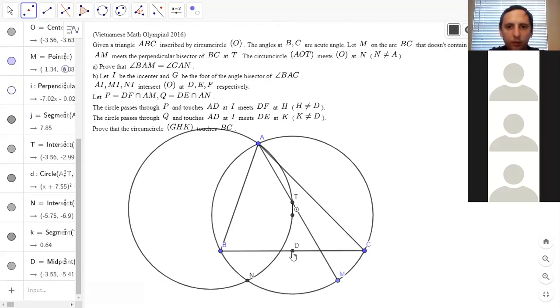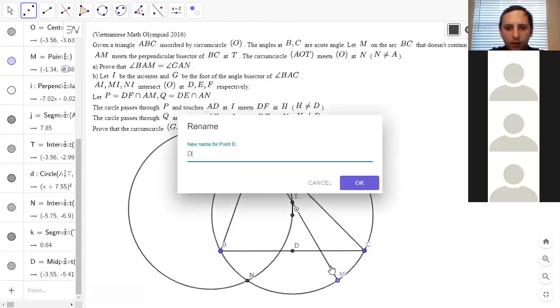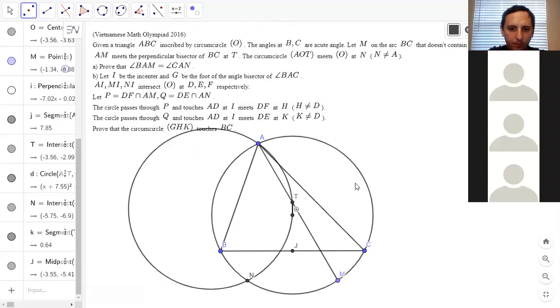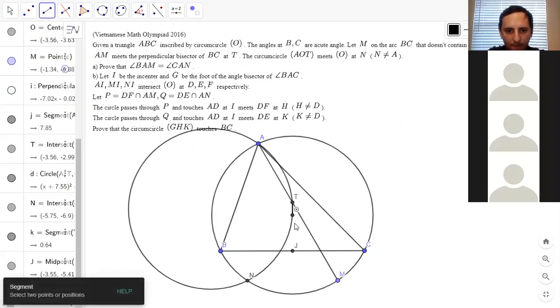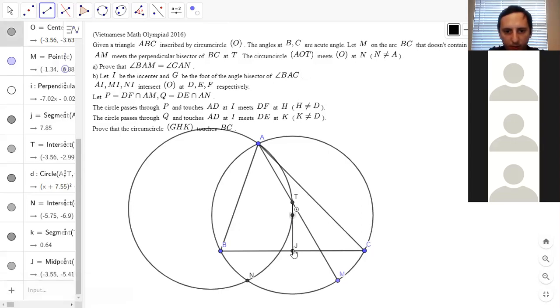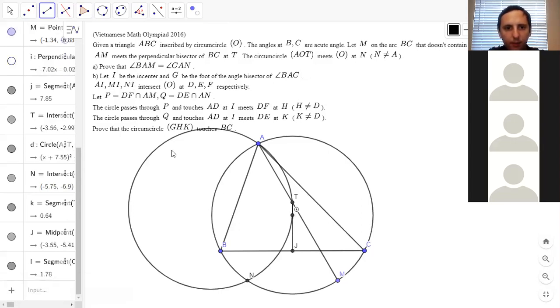Let me call this J. All right. So that's part one. And then for the second part, let I be the incenter and G be the foot of the angle bisector.